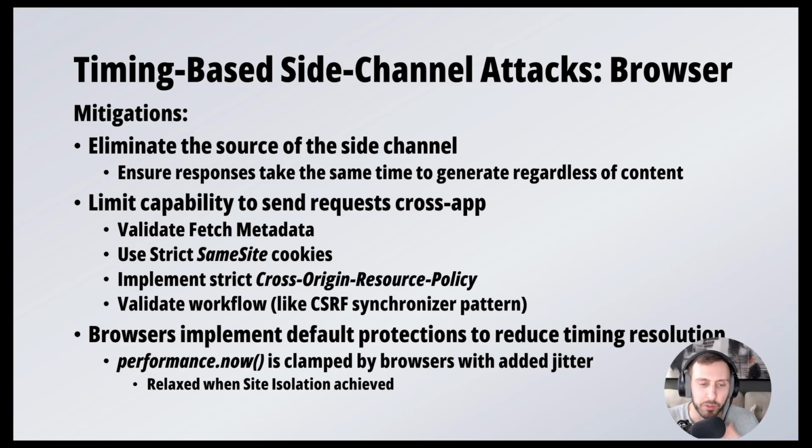Now, I don't think that the clamping and the jitter is very significant to prevent attacks against applications that a lot of modern applications, based on the performance that I've seen across apps that exist on the web. But nevertheless, those mitigations may prevent a lot of attacks, especially ones that require a high precision of timing.